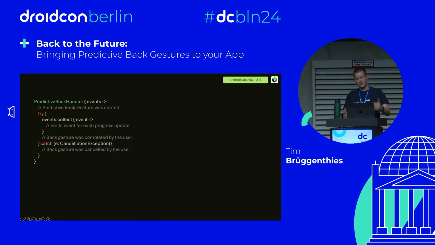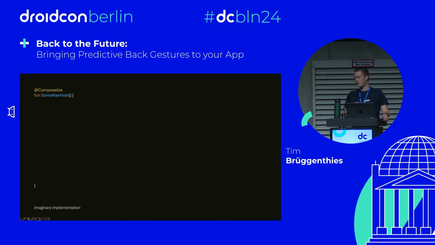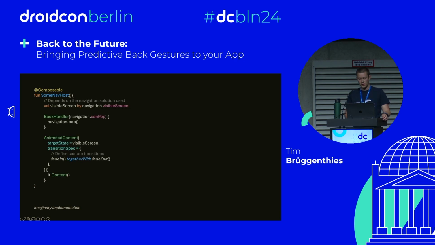So to now integrate this new PredictiveBackHandler into our application and actually drive transitions with it, let's try to build an imaginary implementation of a NavHost. So you know the Jetpack Navigation NavHost composable that we all call, and now it's our goal to basically replicate this functionality and integrate it with the new PredictiveBackHandler. So what do we need? Let's go through it.